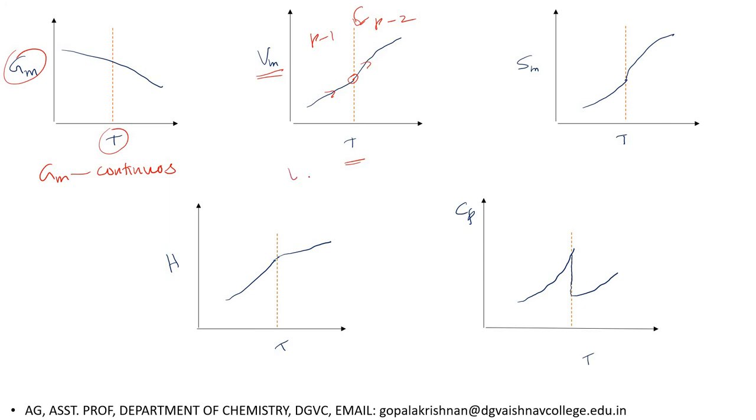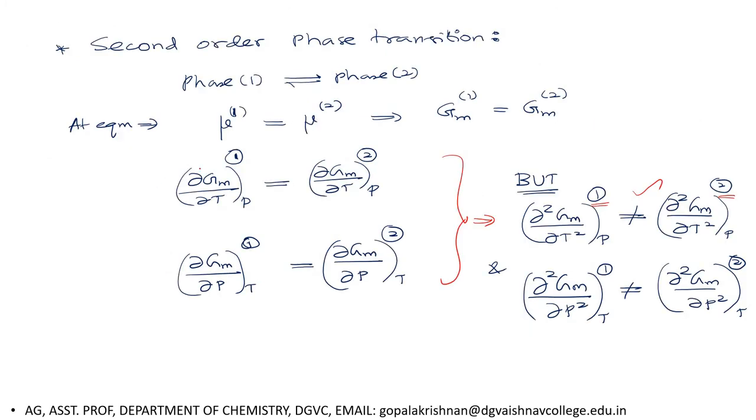So molar volume is also continuous in the case of second order phase transition, because at equilibrium, the change in free energy with respect to temperature at constant pressure and with respect to pressure at constant temperature are equal for both phases.